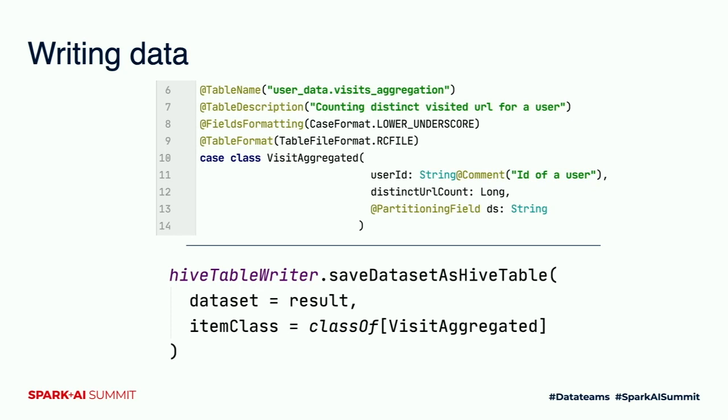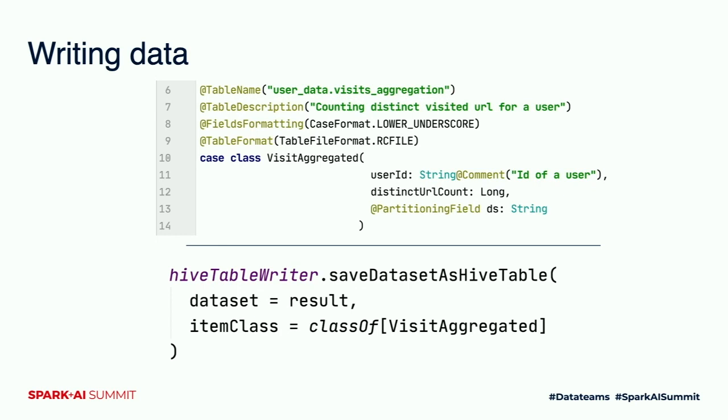When you're writing your data in Sputnik, there are two ways to write it. There is the data frame approach we already saw on previous slides, where you are passing your data frame and information about which table you're writing to, and there is a dataset API.